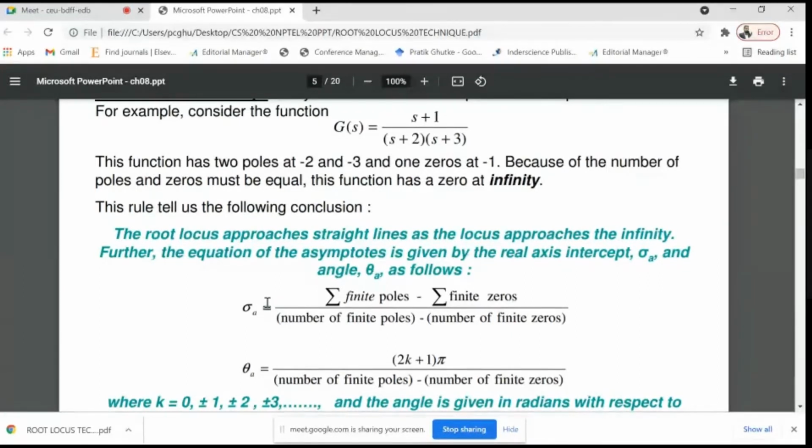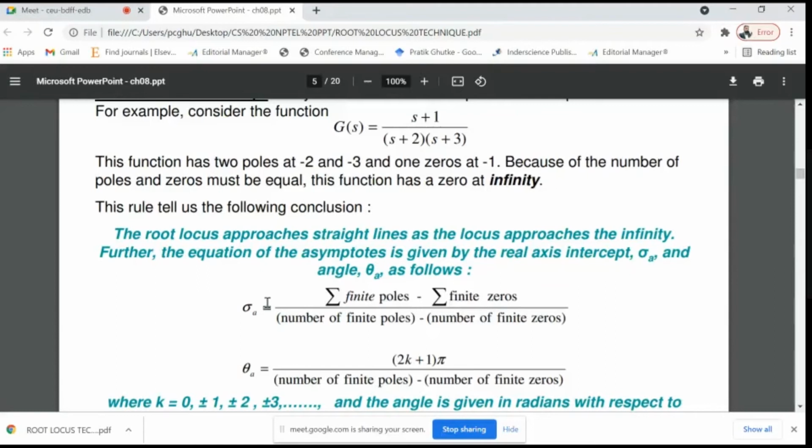Summation of poles minus summation of zeros, divided by number of poles minus number of zeros. On the numerator side, for calculation of the asymptote, there is the summation of finite poles minus the summation of finite zeros, divided by the number of finite poles minus the number of finite zeros.